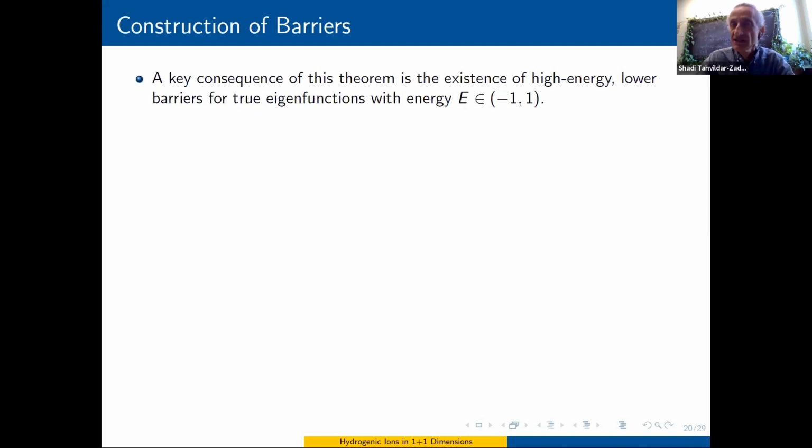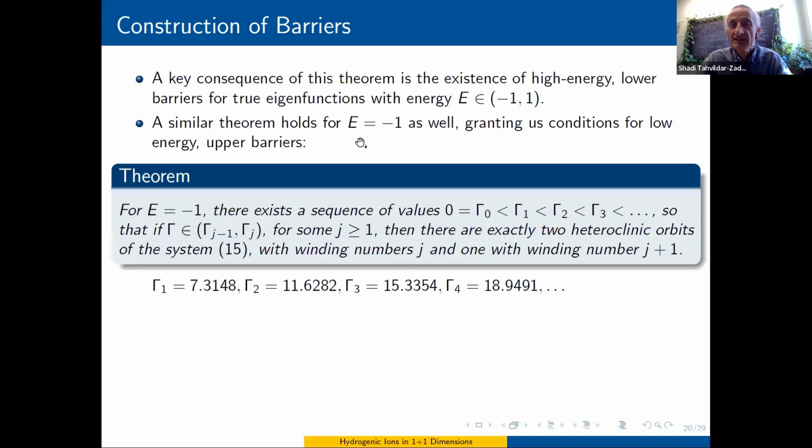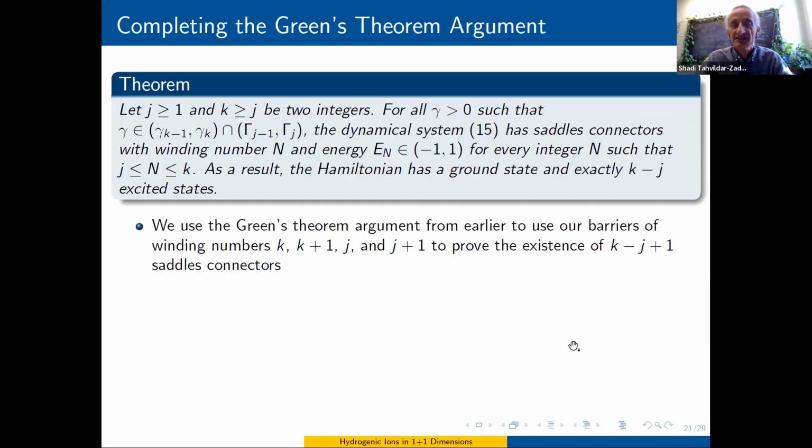And now a consequence of that is that you will know what the winding number of actual solutions are. Oh, by the way, the same thing is true for E equals -1. A different Whittaker function shows up with different zeros and critical points and so on, but otherwise, it's exactly the same. Here's the main theorem.